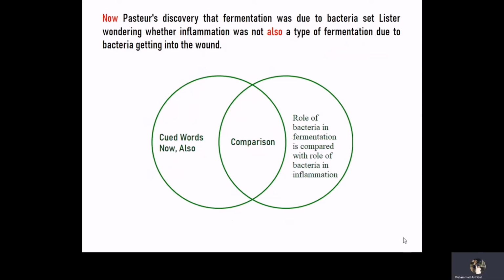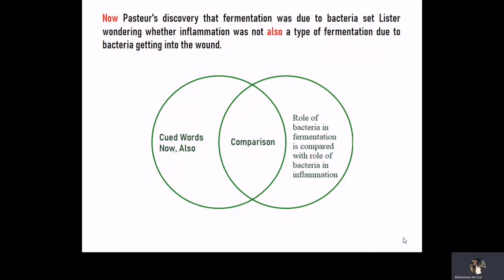And here, a comparison has been made between the role of bacteria in fermentation and the role of bacteria in inflammation. Lister learned that inflammation of a wound is because of bacteria, right? This activity helped us in understanding the text.